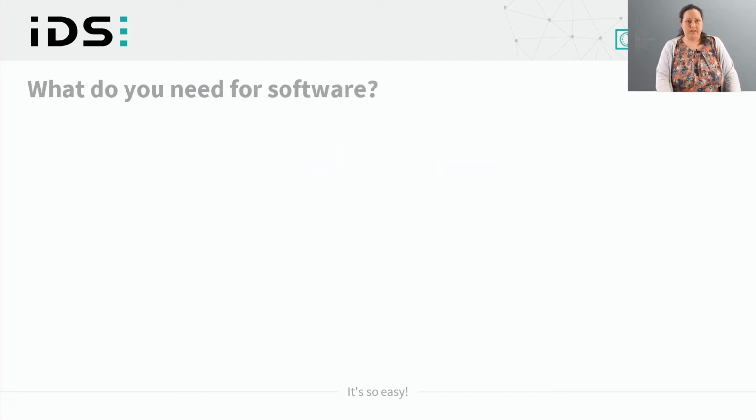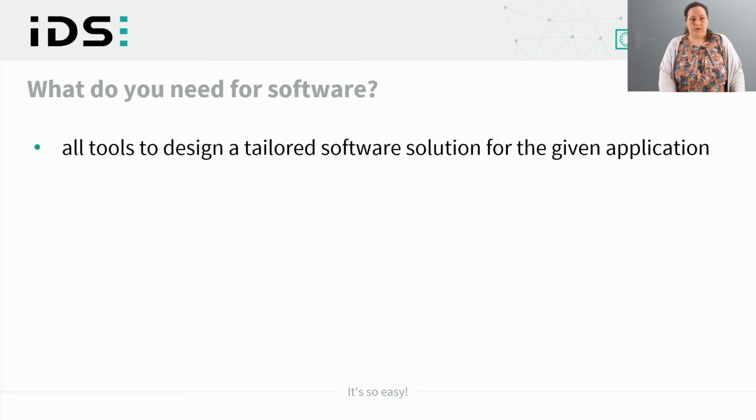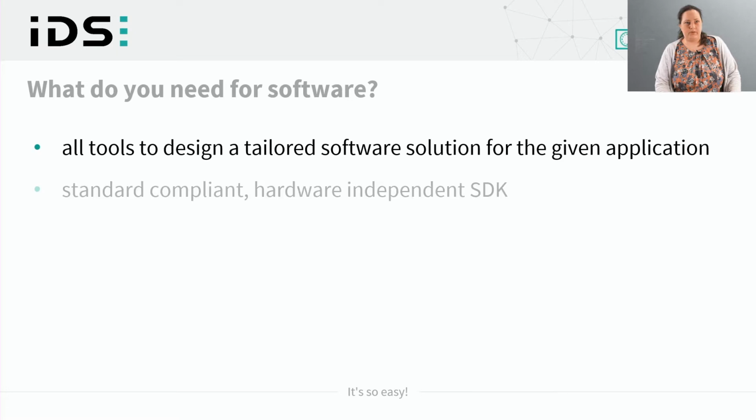What does that mean for software? In terms of software, you need all tools that you need to develop a tailored software solution, and this should all come from one source, so that you have just a single source and everything you need is included.